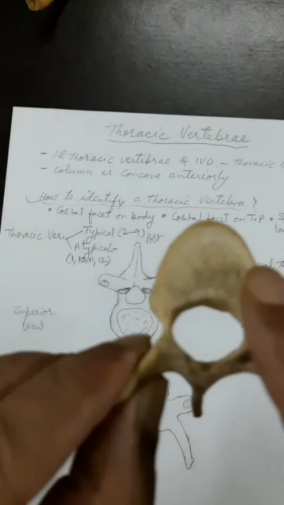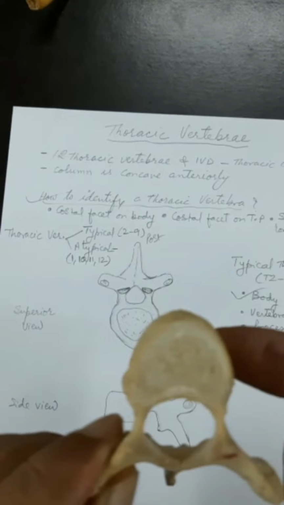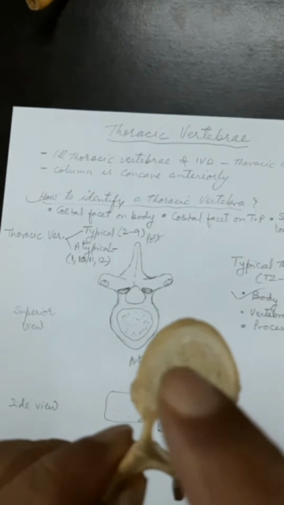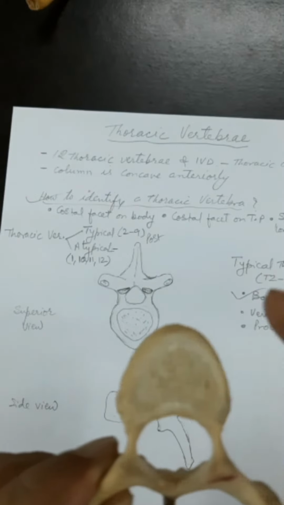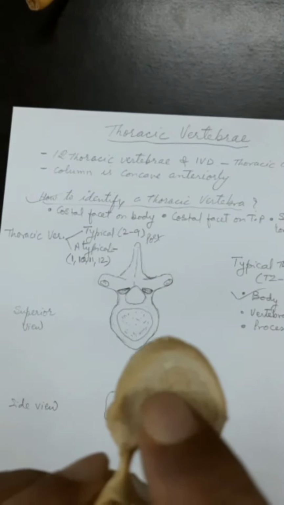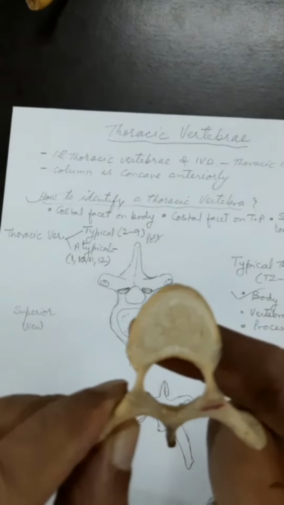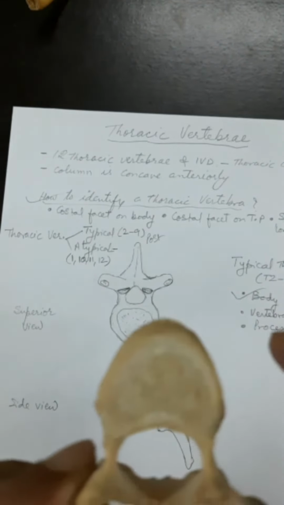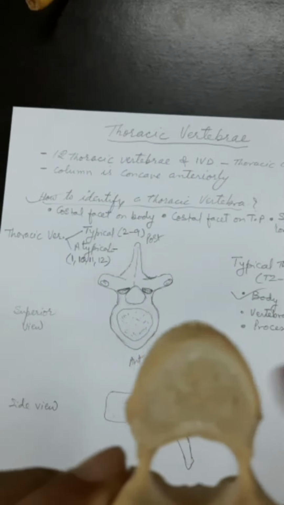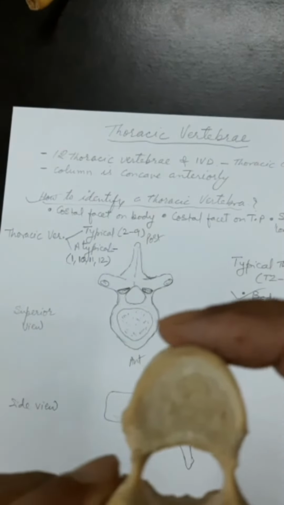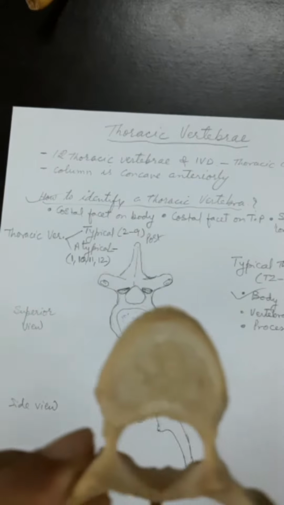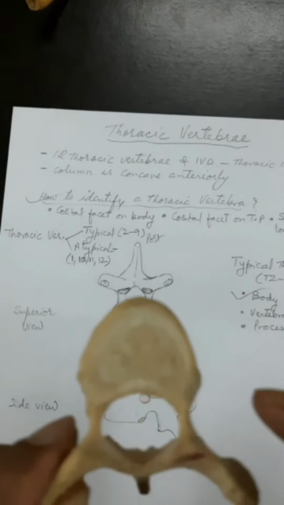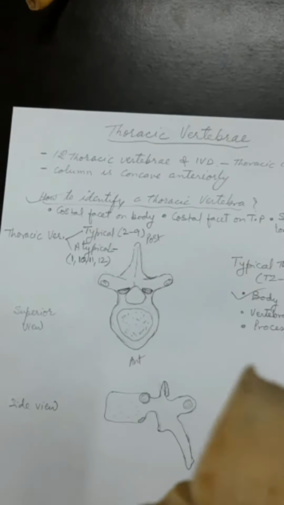These flat surfaces are covered by articular cartilage and give attachment to the intervertebral disc, both the superior surface and the inferior surface. The other surfaces of the vertebral body are the right lateral, the left lateral, the anterior surface and the posterior surface. All these anterior, lateral and posterior surfaces have minute foramina.